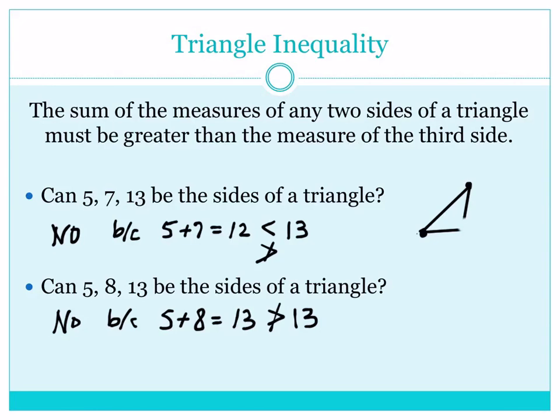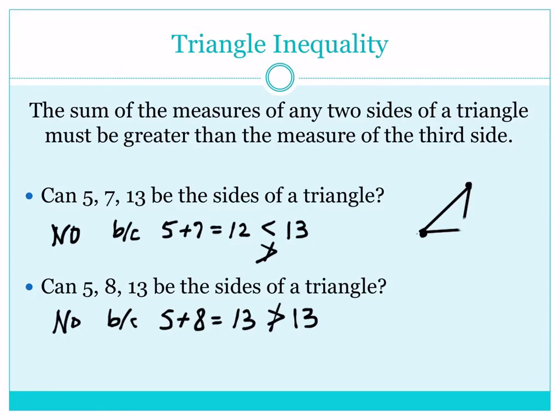What would happen on this one if you tried to do it? You took those 3 pieces of wood and you tried to fit them into a triangle. What would happen? Yeah, they'd be exactly the same length, right? So it basically would be 2 segments on top of each other.